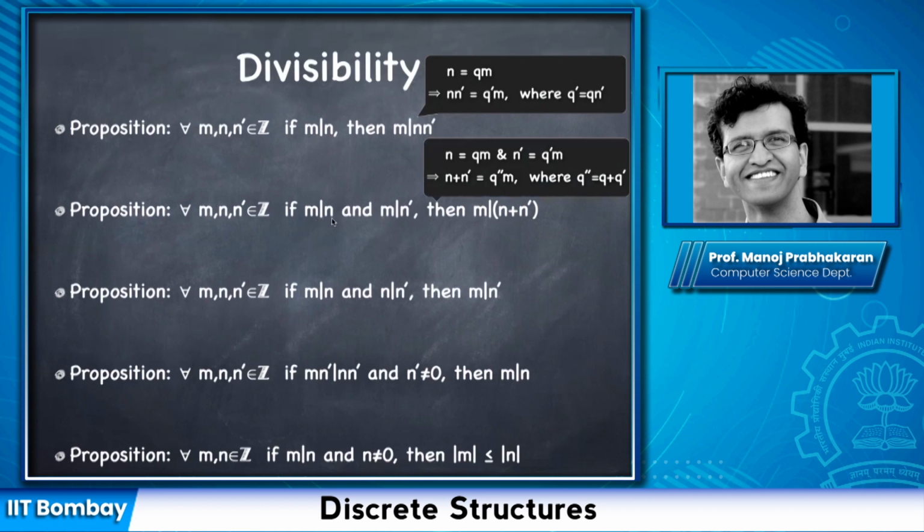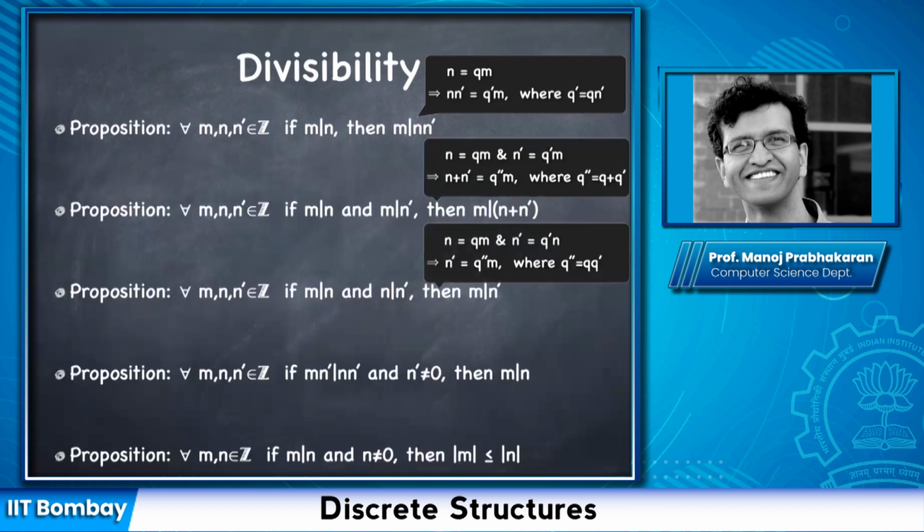Here it says if m divides n and n prime, then m divides their sum. This follows by writing n plus n prime as q plus q prime times m. Since q plus q prime is some integer, which I'm calling q double prime, this means m divides n plus n prime.